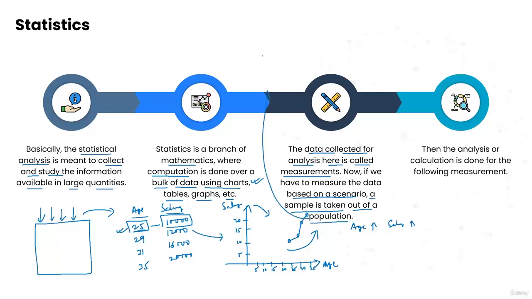Population is simply nothing but, imagine if I ask you to find the average age of people in Japan or Indonesia or Malaysia, wherever you are coming from. Let's say, how do you find the average age of people in Japan or in Hong Kong or in China?